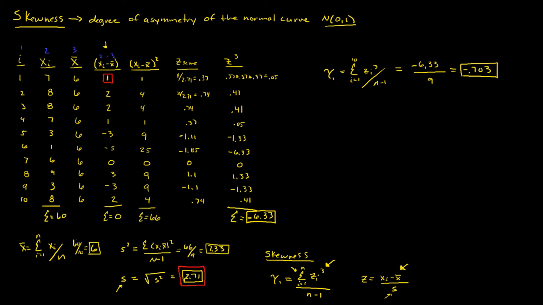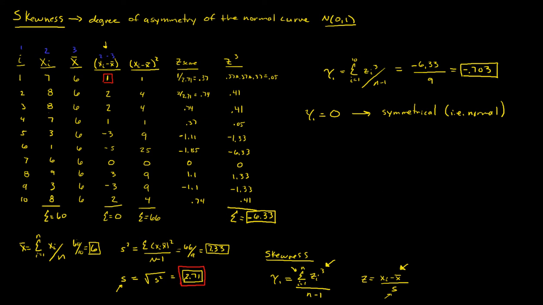And so if gamma 1 equals 0, then you have a symmetrical distribution, i.e. normal.